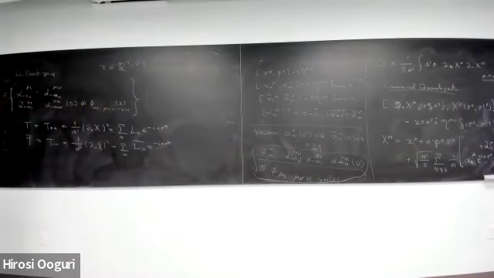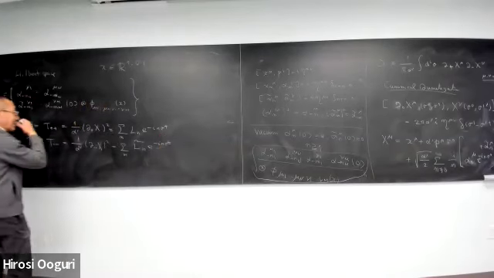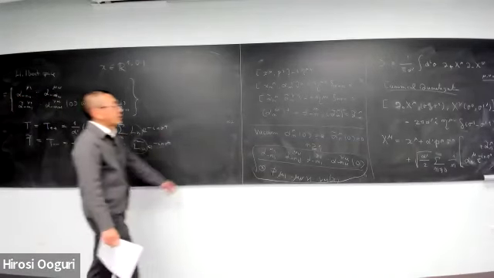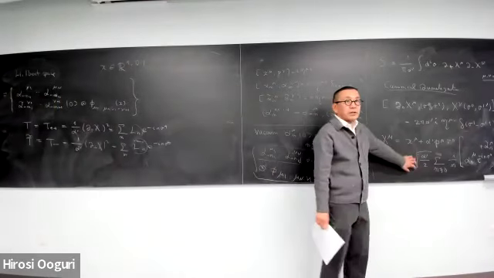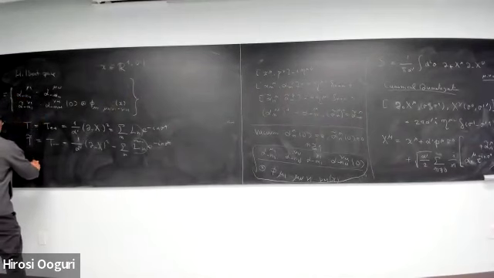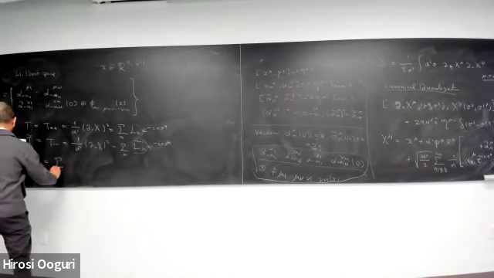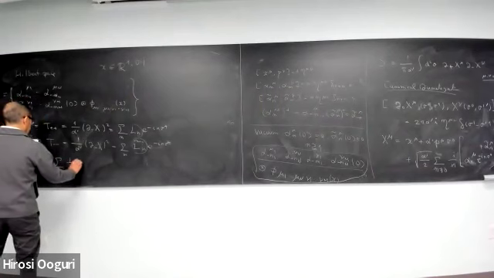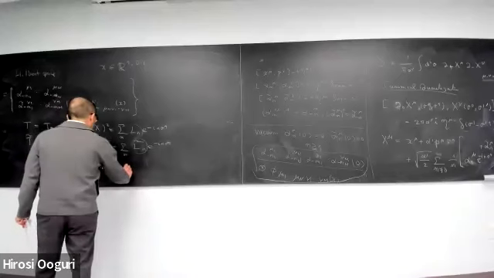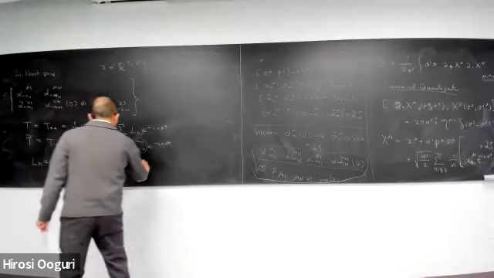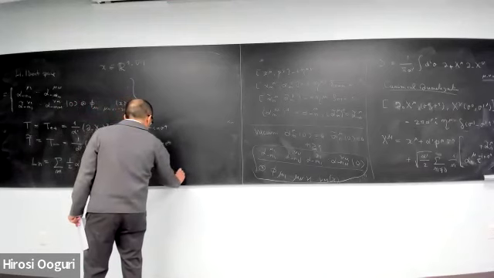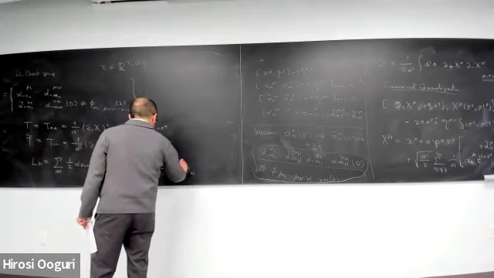Then we can see what L n is. If I directly substitute this expansion, you find that L n is the sum over m of 1/2 alpha n minus m alpha m, and L n tilde is the sum over m of 1/2 alpha tilde n minus m alpha tilde m.